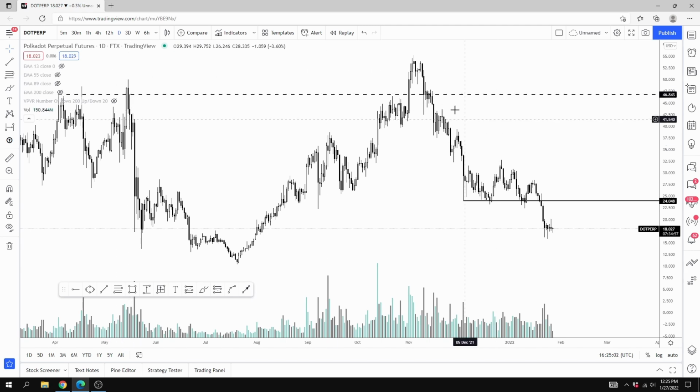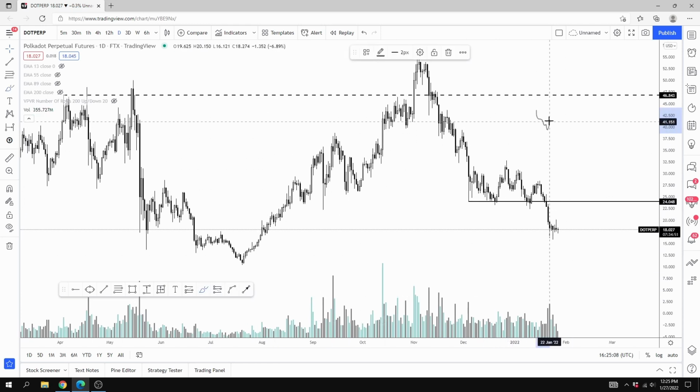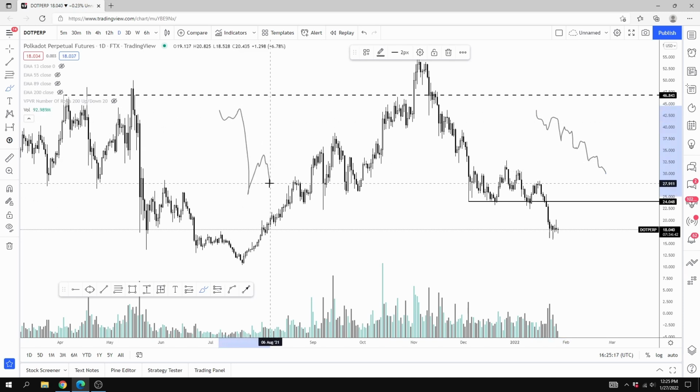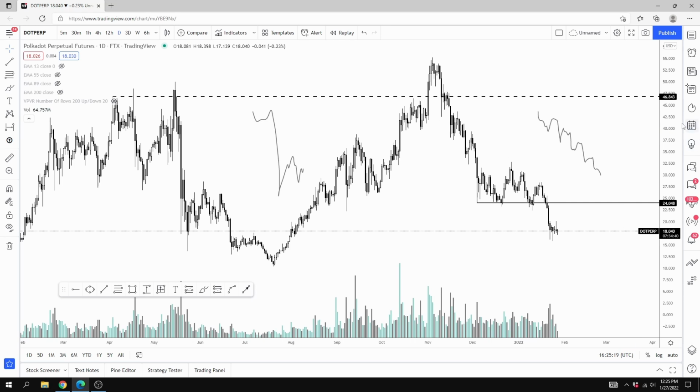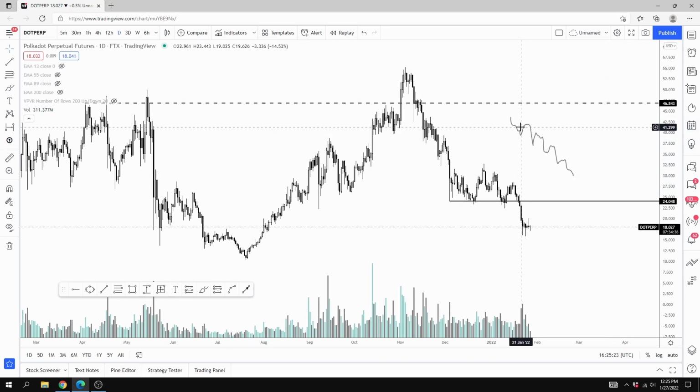This is a much more consistent grinding down, where we're seeing just lower highs and lower lows. Whereas back in May, it was just straight up boom, you're done, and then high volatility. So what I'm really looking for at this point is one last shakeout.